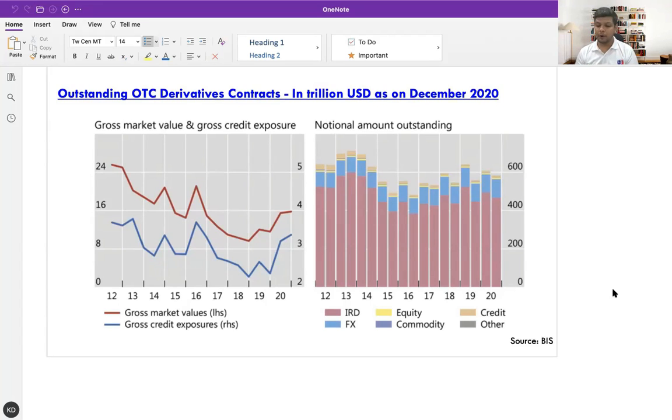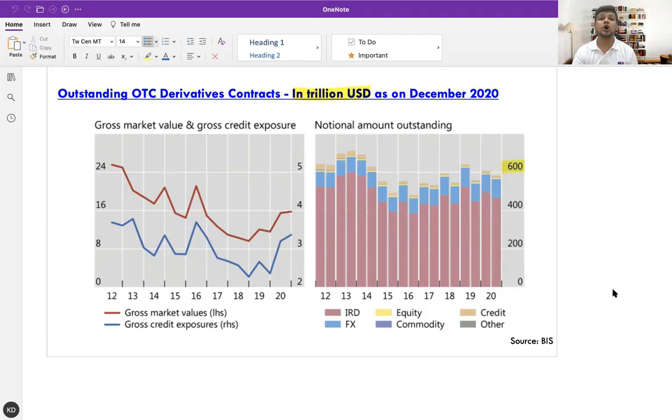But what you probably can look at is this graph on the right, the notional amount outstanding, the total amount of contracts which are due or outstanding. And you will see all these figures are in not billions, but they're in trillions of dollars. And as of 2021 and so on, the derivative contract size is almost higher than $600 trillion.